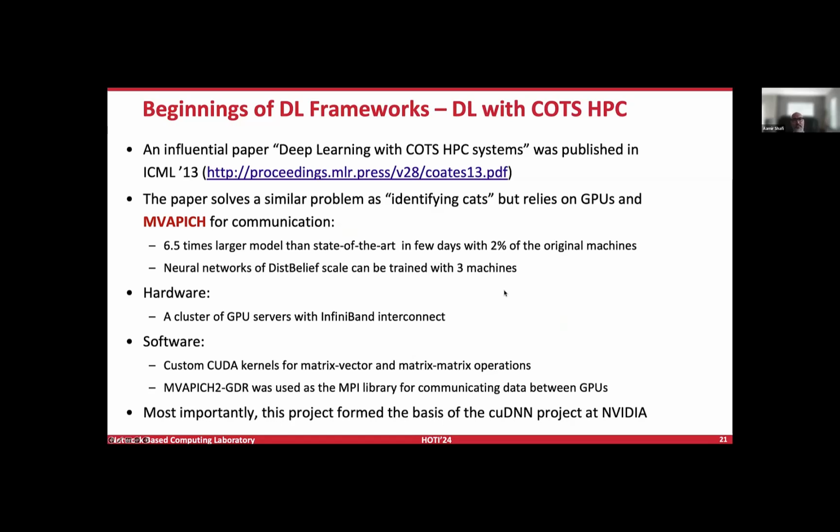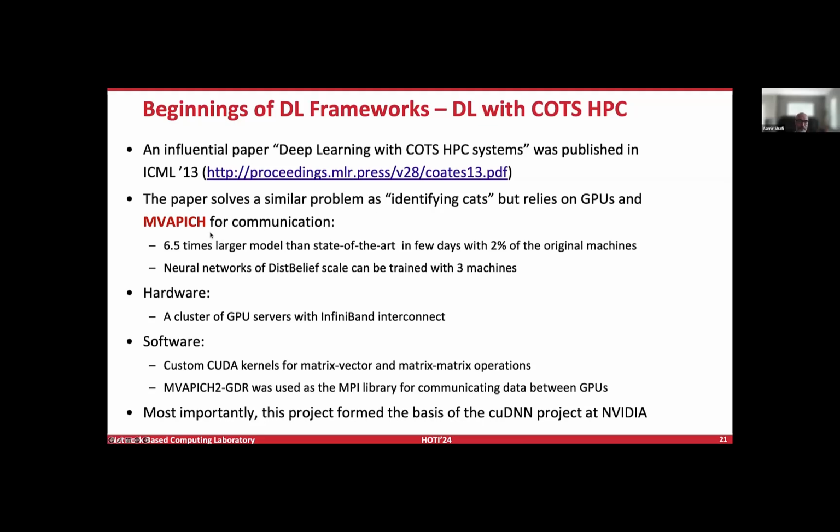A very similar study was also done in another influential paper called Deep Learning with Commodity Off-the-Shelf HPC Systems, published in ICML 2013. This paper also solves a similar problem as identifying cats. But instead of using 16,000 CPUs, this effort used a couple of nodes equipped with NVIDIA GPUs.